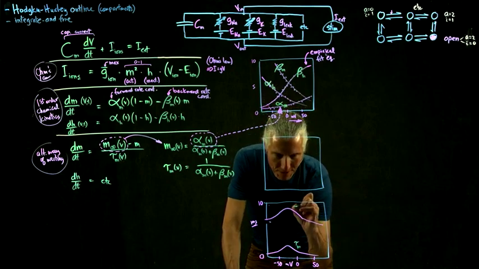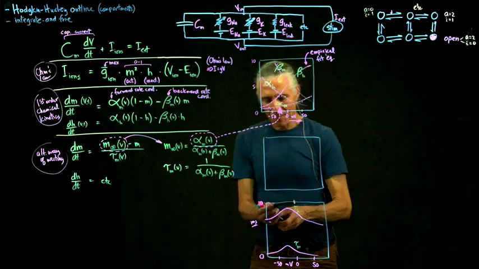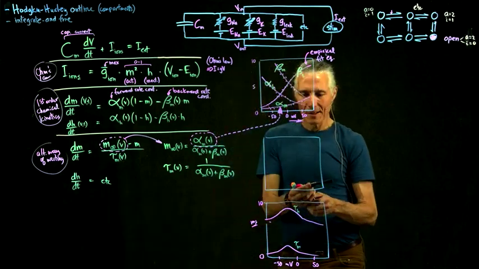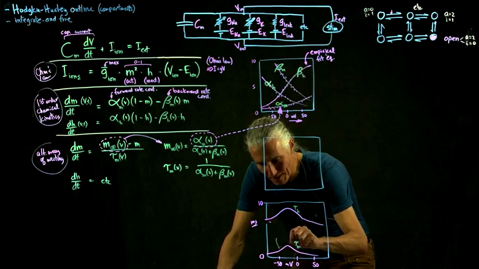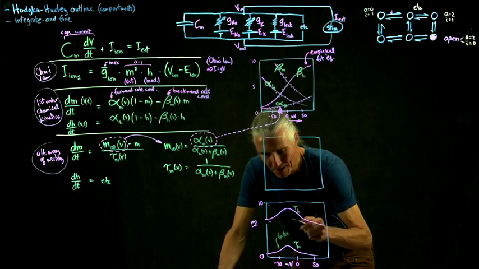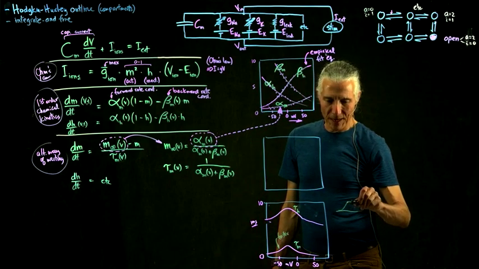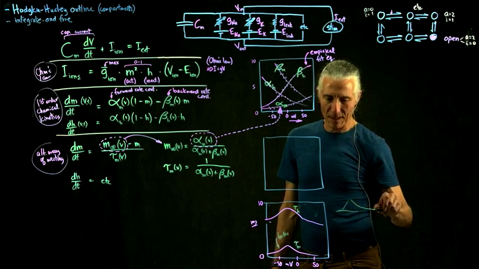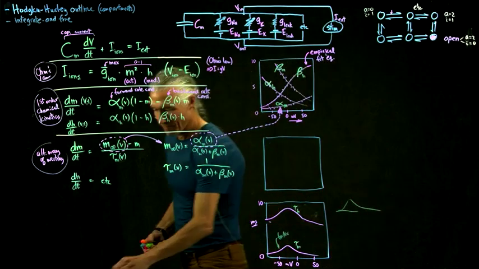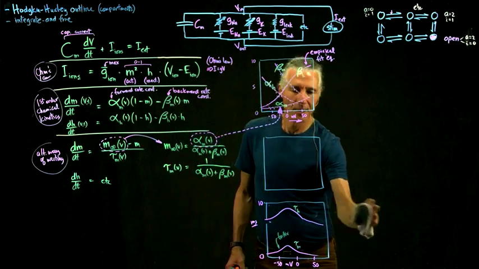So this is tau h. But the main thing here is that this one's faster. And it's faster so that when you open the channel, you get some activation before the inactivation kicks in and shuts it down.